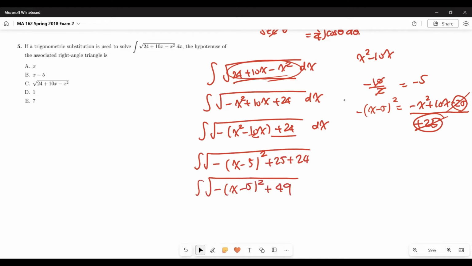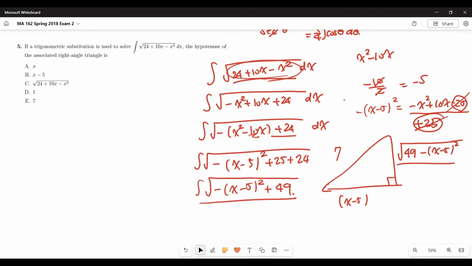So if you draw the triangle, this side will be 7, and then x minus 5. So this side will be the square root of 49 minus x minus 5 squared. This is exactly equal to each other, right? In this case, our hypotenuse is 7.